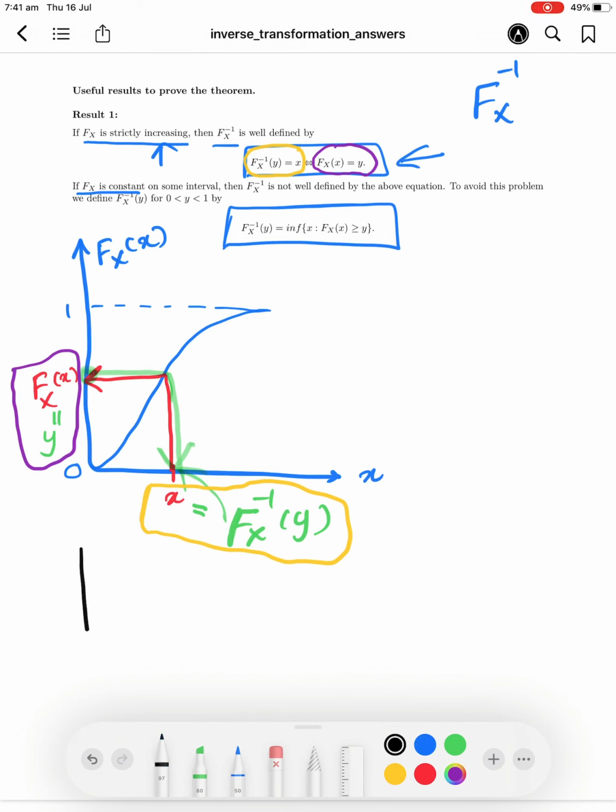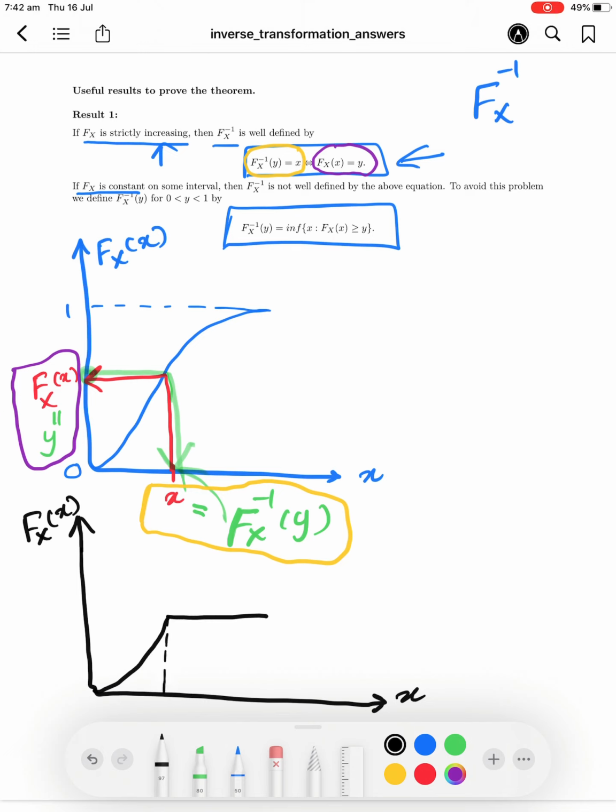Again, this is the visual demonstration. We have x here. This is the CDF. This is increasing and then constant and again increasing. Maximum is 1. This is 0.